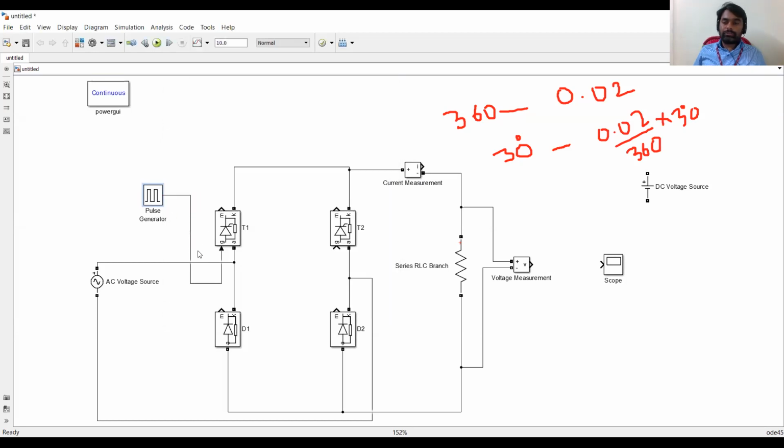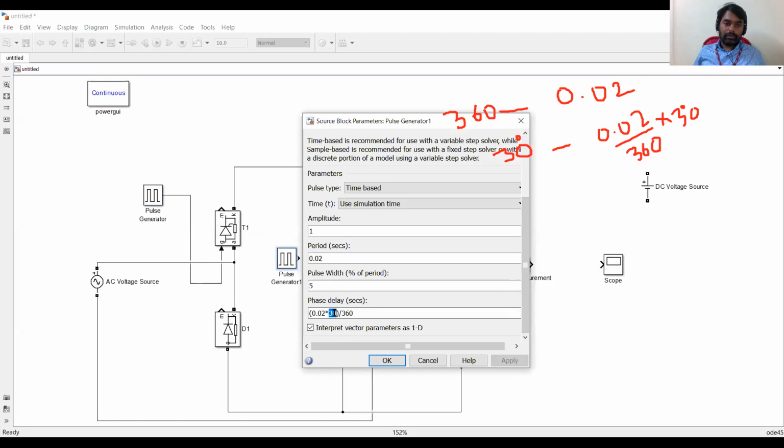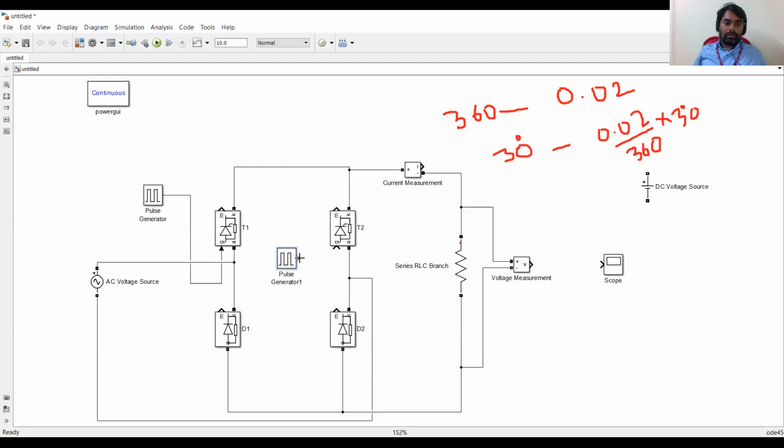Okay, that is given to T1. Now after 180 degrees, T2 should come into picture because during the negative half cycle, T2 will go to the conduction state if you apply a triggering pulse, because that is in forward bias condition. Okay, it is given like this.